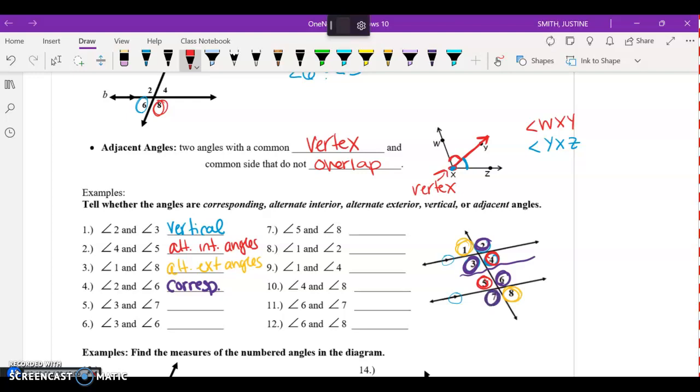Again, they're sharing that same position, so these are also corresponding. Then we go to 3 and 6. Again, they're inside the parallel lines on opposite sides, so they're going to be alternate interior angles.